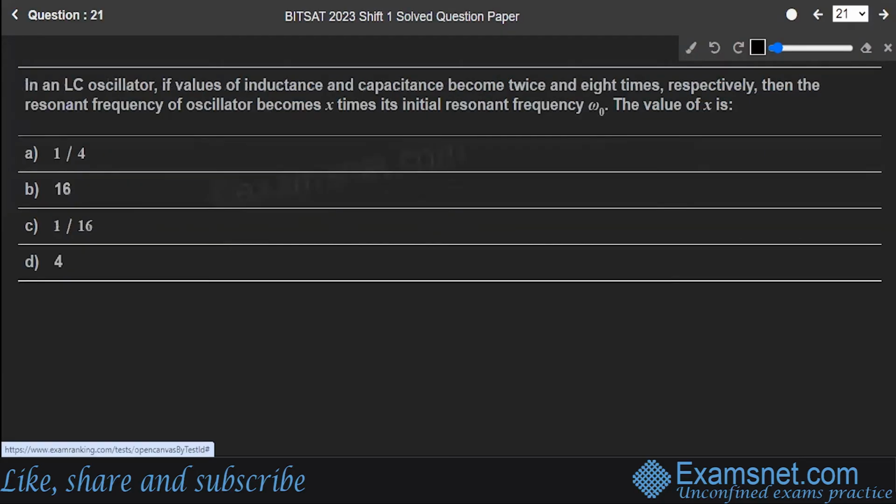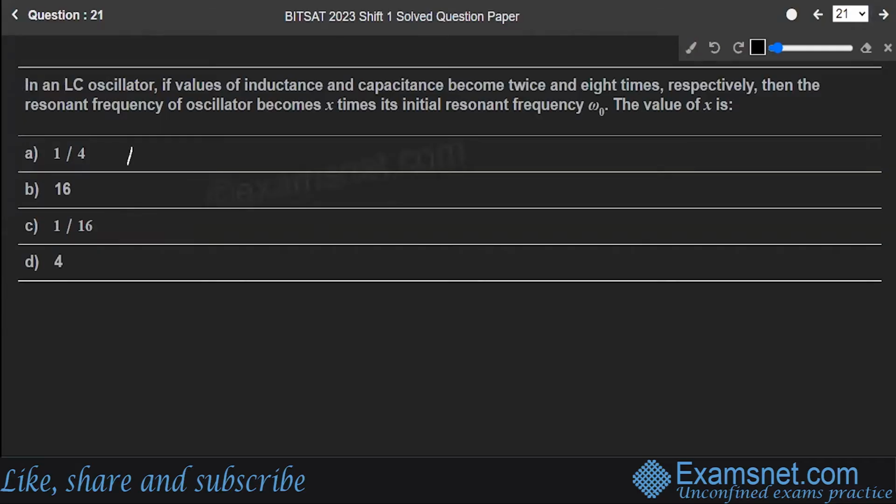Next is question number 21. In an LC oscillator, if values of inductance and capacitance become twice and 8 times respectively, then the resonant frequency of oscillator becomes x times its initial resonant frequency omega naught. What is the value of x over here?